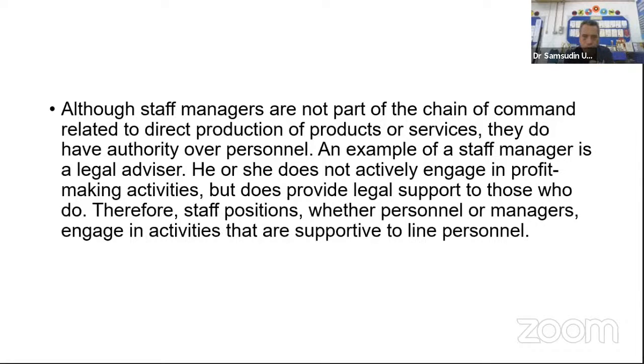Therefore, staff positions, whether personnel or managers, engage in activities that are supportive to line personnel. The role played by the staff is to give a supportive role towards the line personnel, the managers.